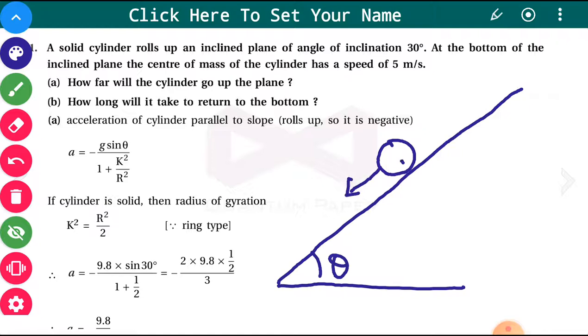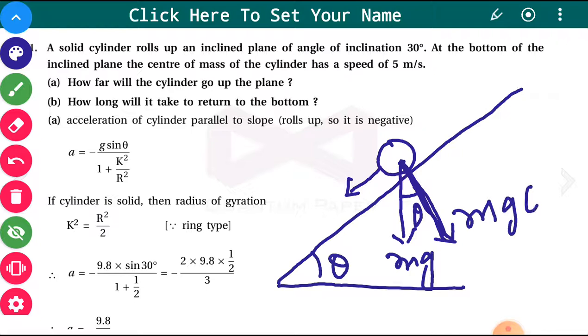When it is going down, if its mass is m, then its weight mg will be in the downward direction and this angle will be theta. So this component of mg in this direction will be mg cos theta, and the normal force will be in the upper direction, so they cancel each other's effect.